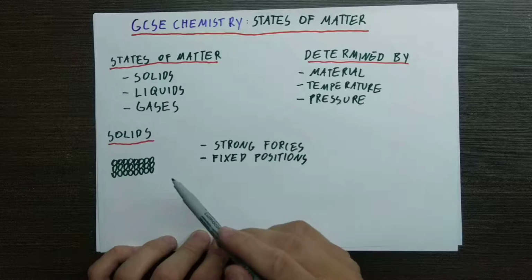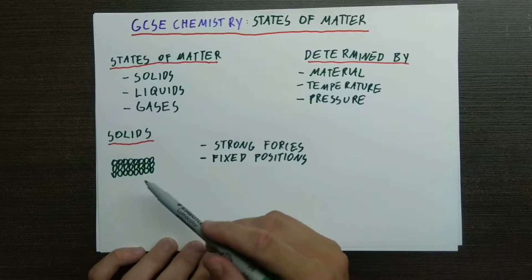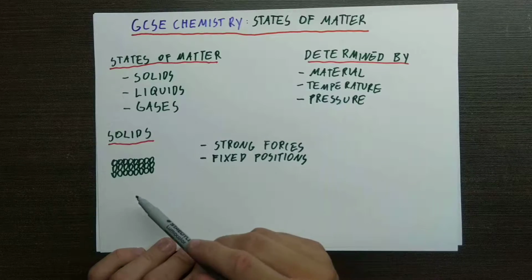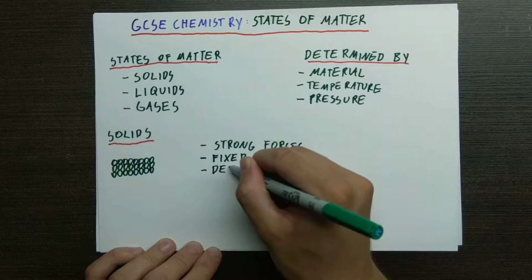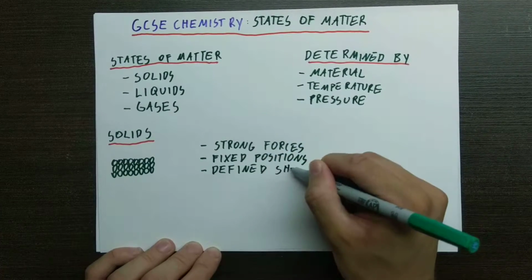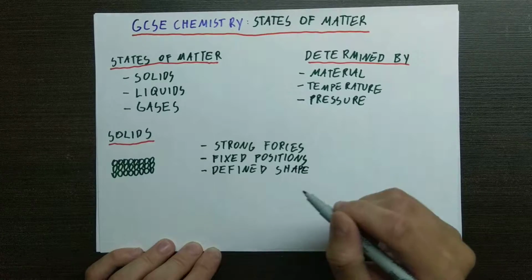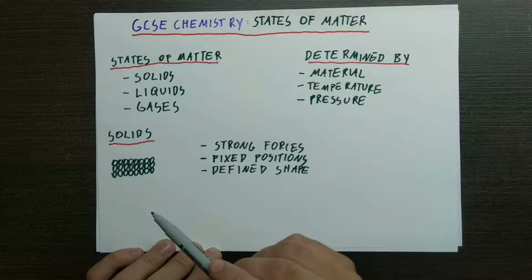So that's important. That's why solids are solids. That's why it's hard to change their shape. That's why they have a definite shape. Solids have defined shape. And that's all down to these strong attractions.